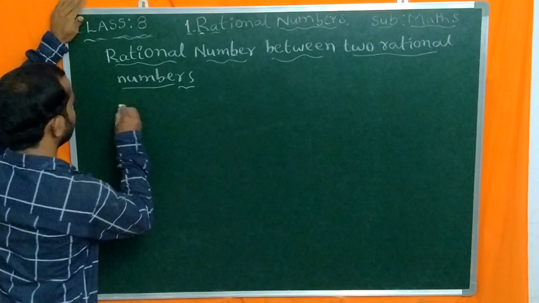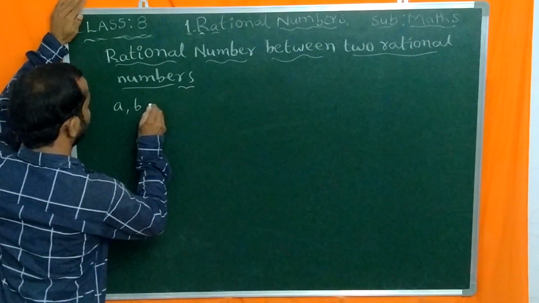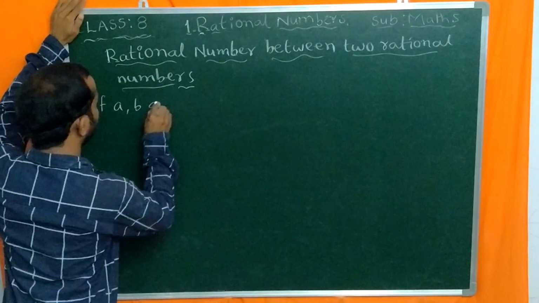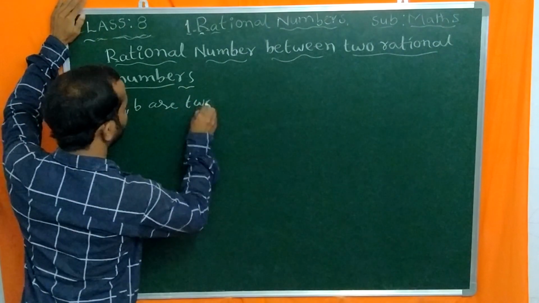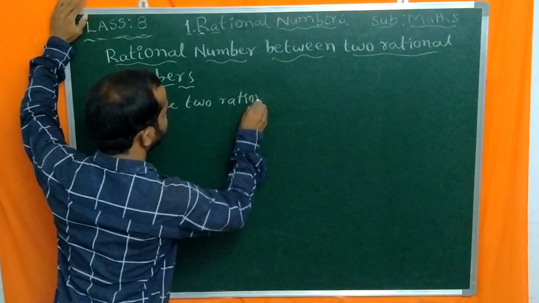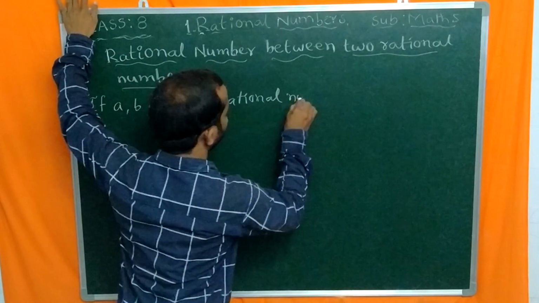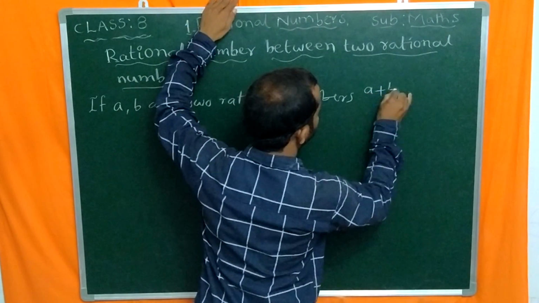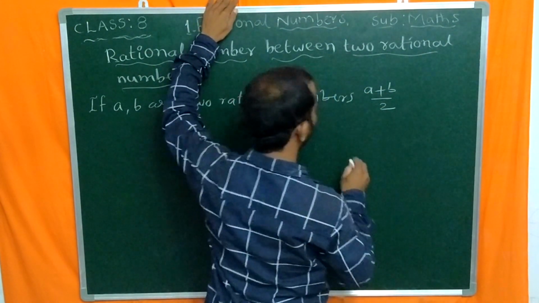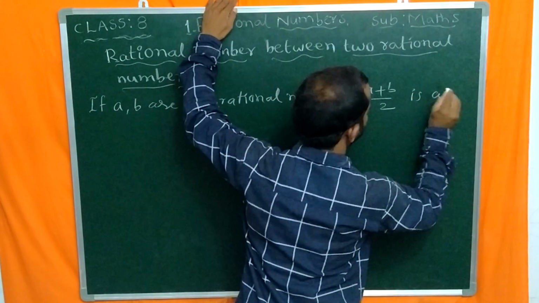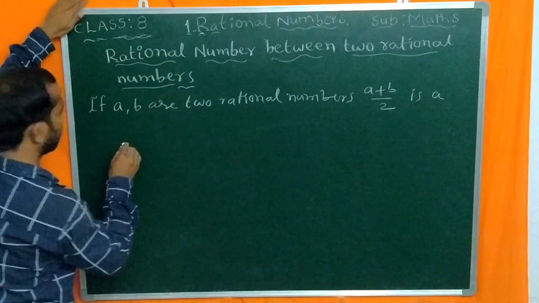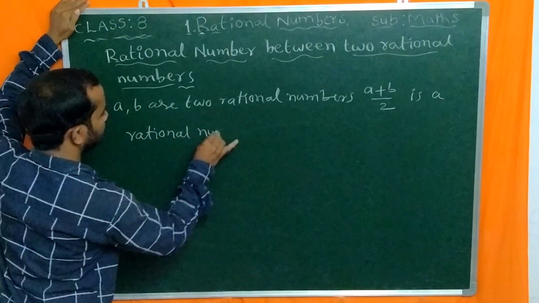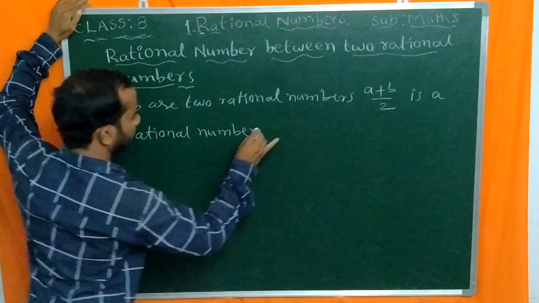If a and b are two rational numbers, then (a + b)/2 is a rational number between them.